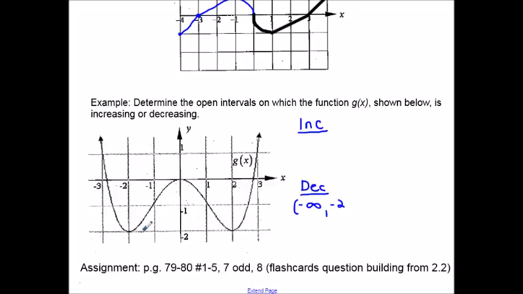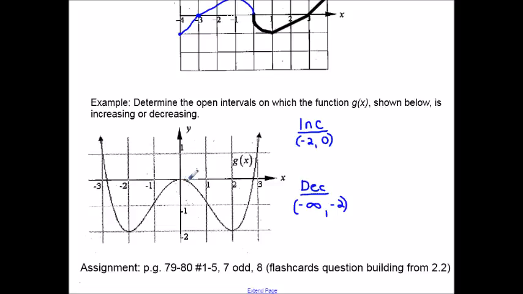Now, I'm not going to include -2 because directly at -2 you could argue that I'm also increasing, but in reality I'm actually not doing either. So I'm not going to include -2 in my interval. My next interval from -2 to 0 is going to be increasing because I'm walking up that hill. So I'm going to, under increasing, go from -2 to 0, making sure I don't include those endpoints.